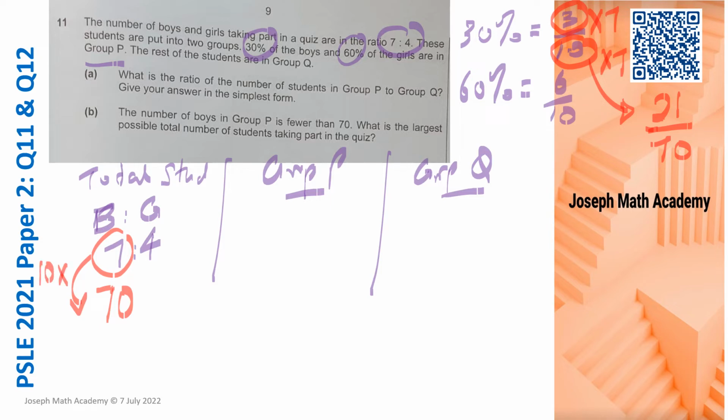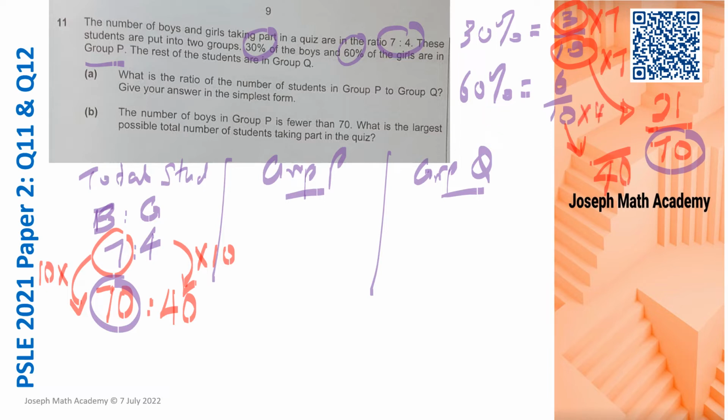Okay, so because it is referring to the same total number of boys, the denominator 70 has to be the same. Let's do the same thing for the girls. Alright, so here times 10, this will be our 40, meaning this one must change to 40. Okay, so multiply by 4, that gives me 24.